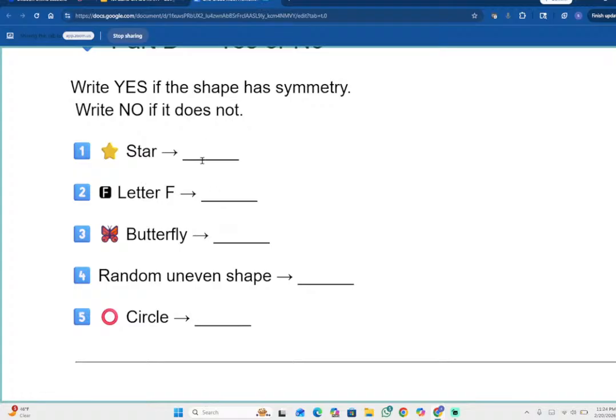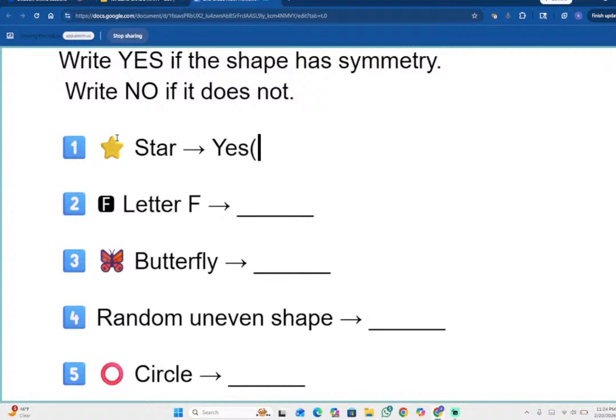A star does have symmetry, and if we look at it, there's one here, one here, one here, one here, and one here. So that would be 5.